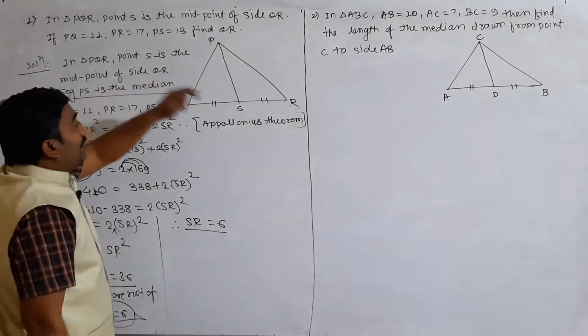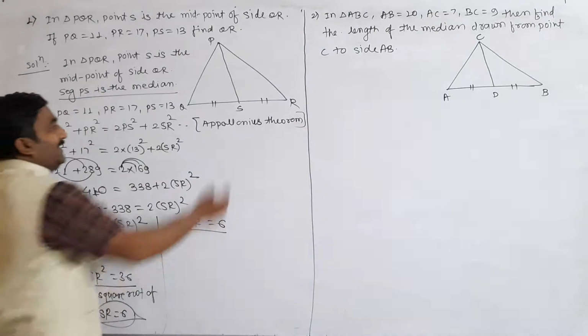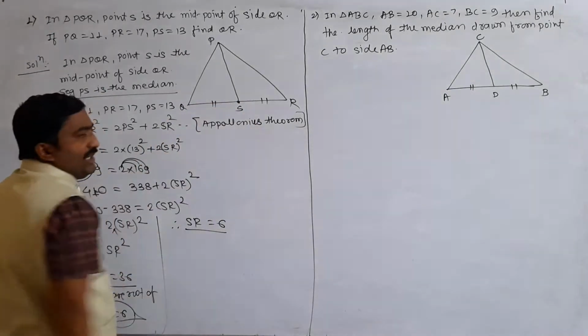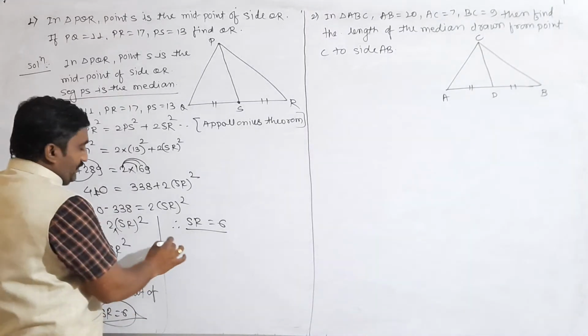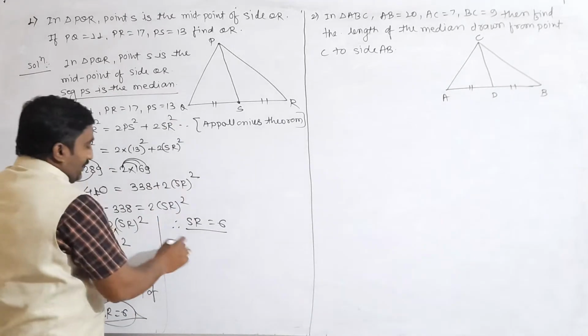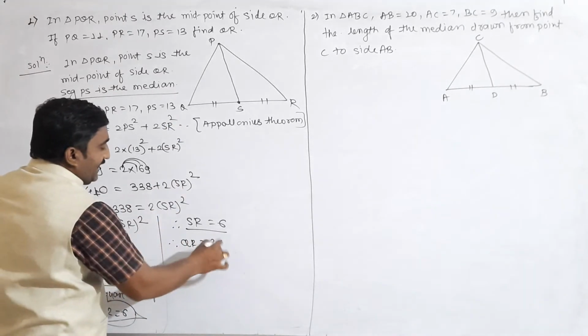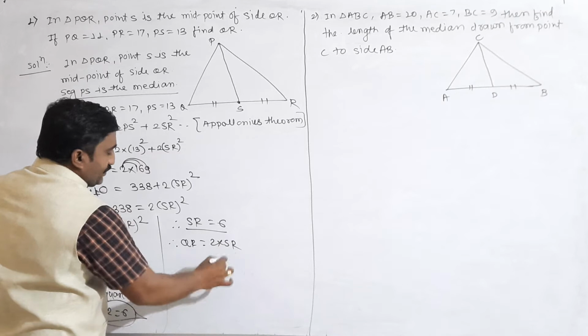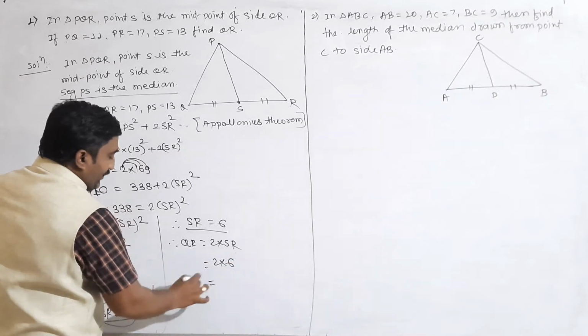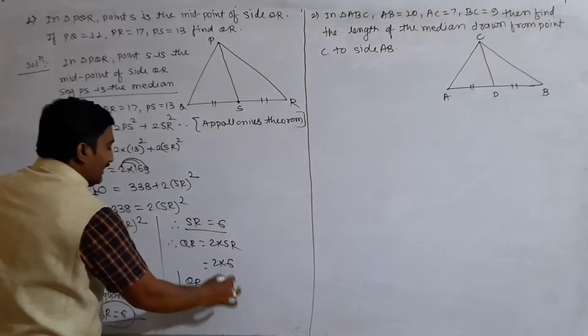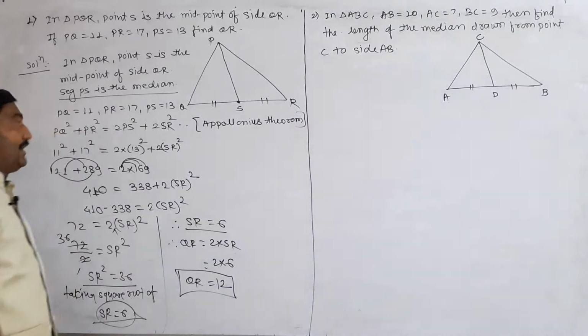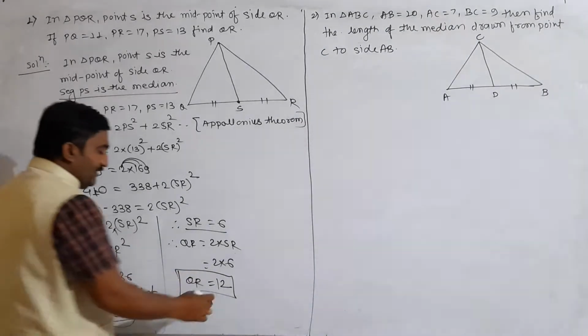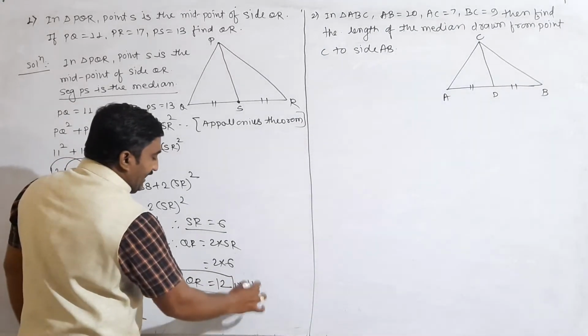But we have to calculate QR. We know that S is the midpoint of QR. So QR is equal to 2 into SR, it means 2 into 6. Therefore QR is equal to 12. So what is the length of segment QR? QR is equal to 12 units.